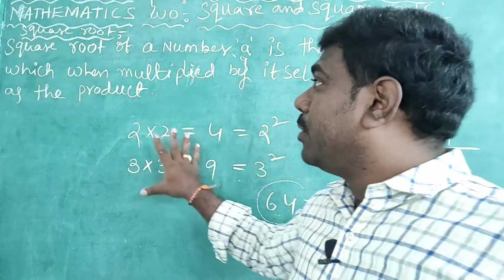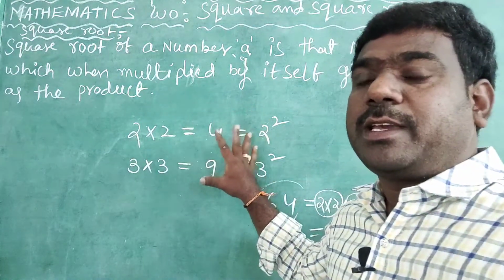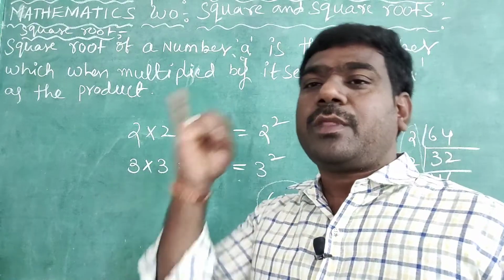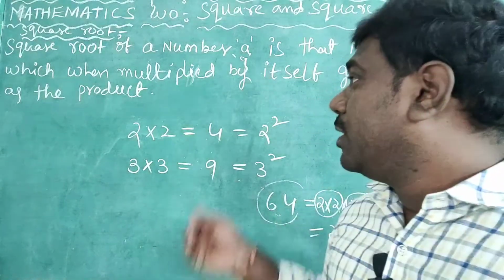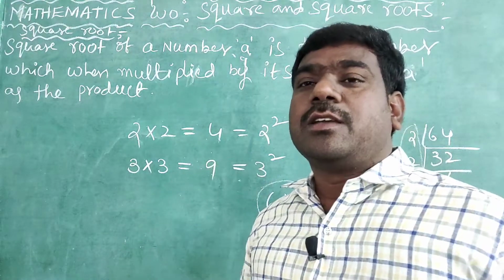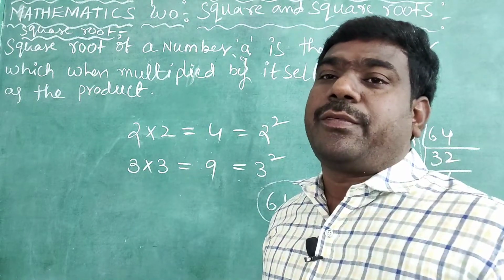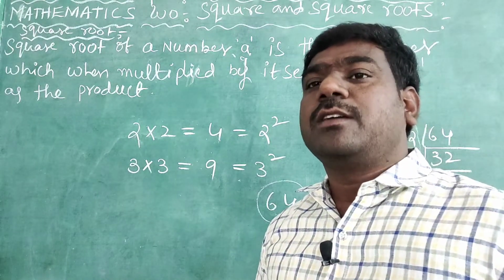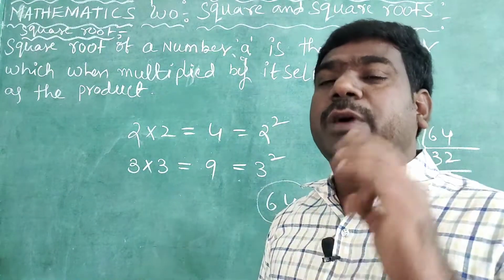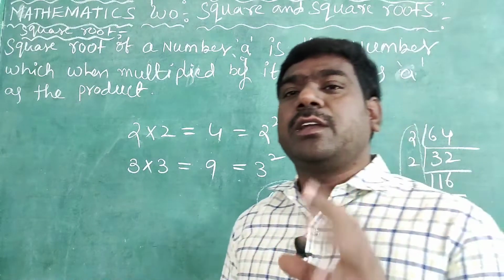So I hope you understand the concept here: square, perfect square and square root. Now, how to find out the square root of perfect square numbers? We have two methods.